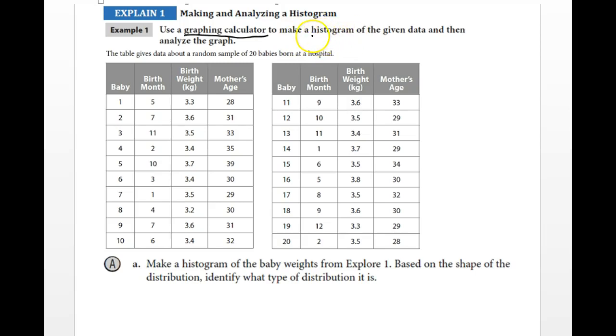It's completely online, which I like because we're probably watching this at home and you don't have a graphing calculator with you. So I'm going to show you an online histogram maker so that we can make a couple of histograms and of course identify the shape of that distribution and what type of distribution that is, if it's left or right or symmetrical.